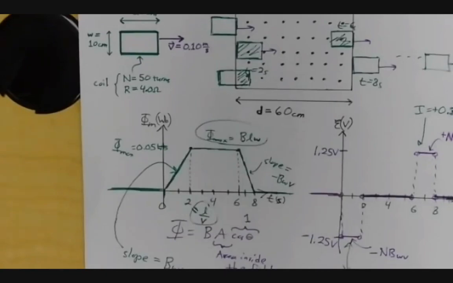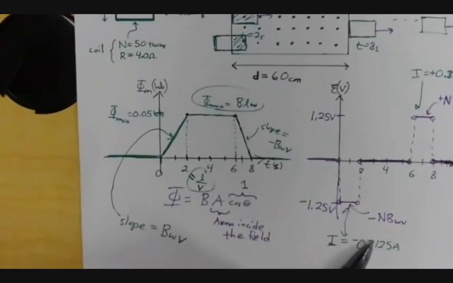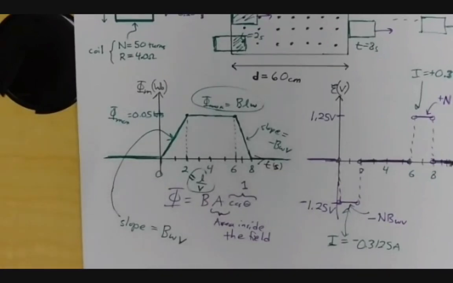If you're told how much current you get, you'd ask how many pickup turns you would need. Or let's say your goal is to induce at least 0.3 amps of current. How many wrappings am I going to need? I can't pull it any faster. V is given. Here's the strength of my magnet, so B is given.